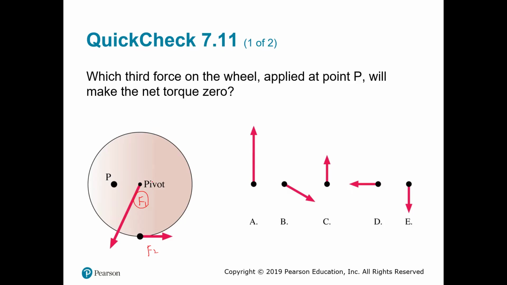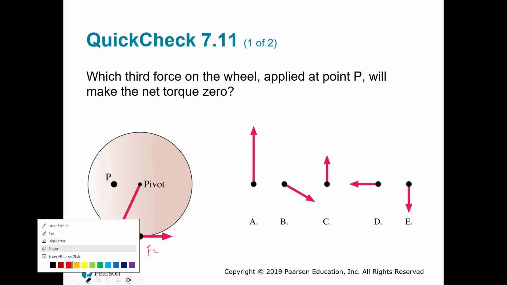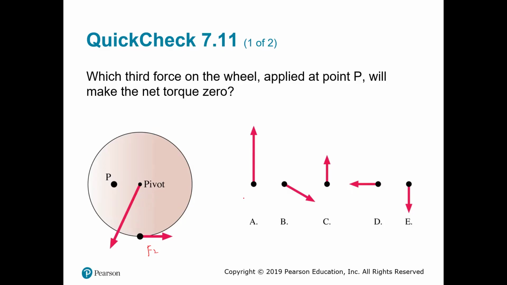F1 is acting at the pivot, so it cannot rotate the wheel. So torque 1 is going to be 0. And how about torque 2? Torque 2, due to force 2, will rotate the wheel counterclockwise, so you will have a positive torque due to F2.